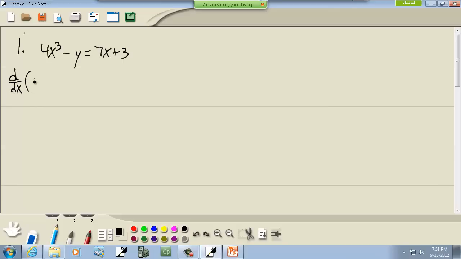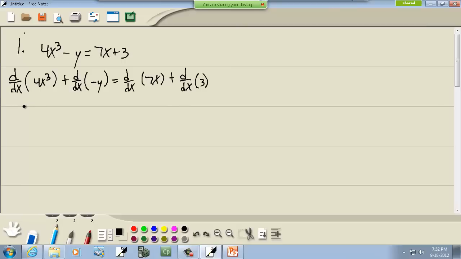So we'll take the derivative of 4x to the third. We'll take the derivative of negative y. Take the derivative of 7x. And the derivative of 3. And we're doing all of these with respect to x.